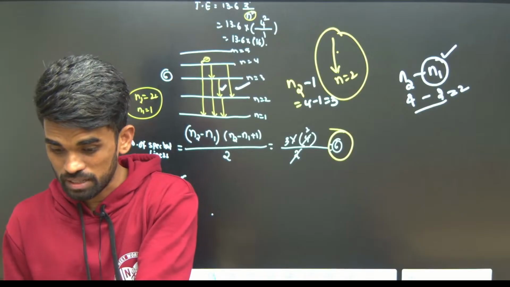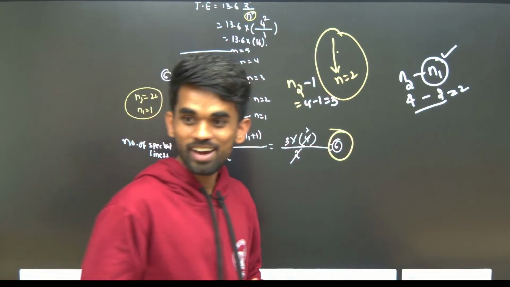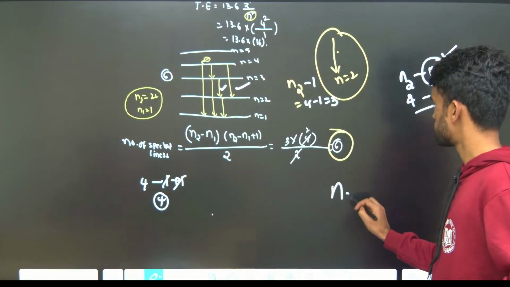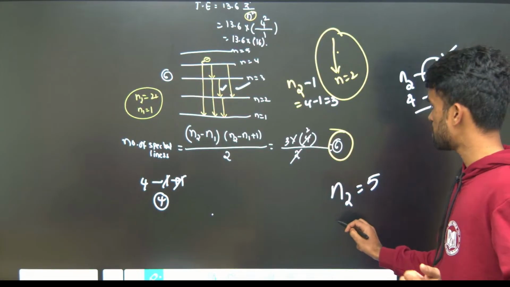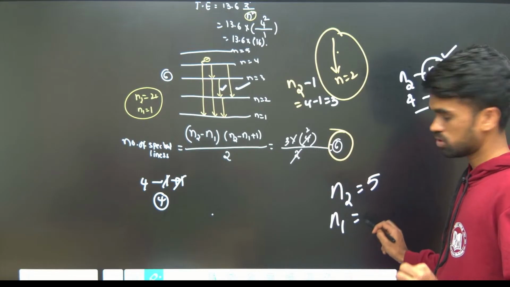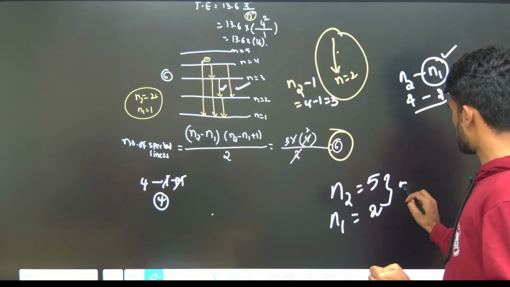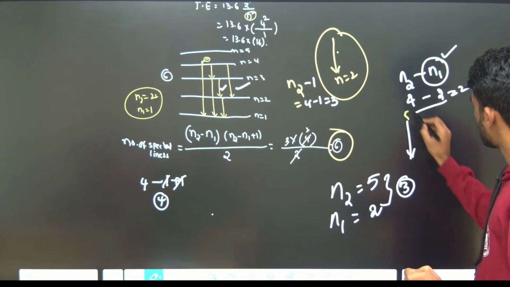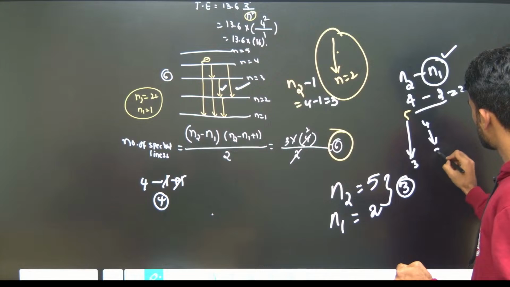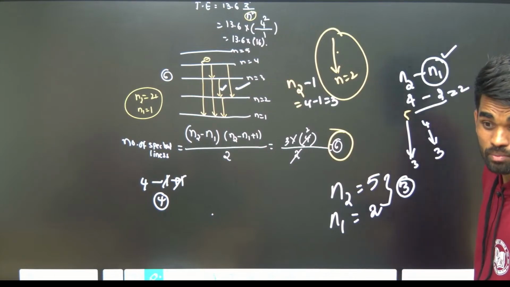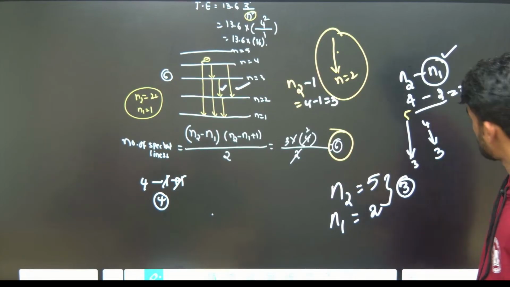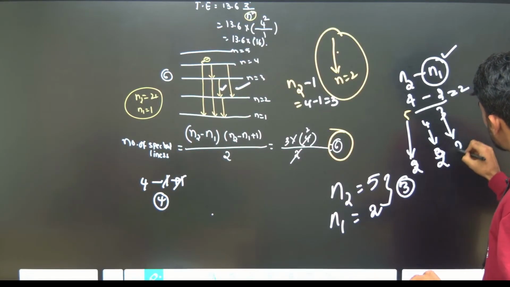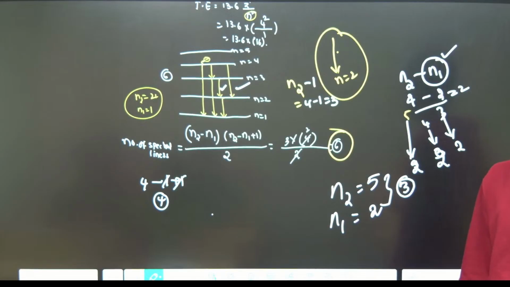Out of the 10 lines, 3. So n2 value is 5, and Balmer series means n1 is 2, so 5 minus 2 is 3. That is 5 to 2, 4 to 2, 3 to 2. These are the 3 lines possible. Is that clear or not?